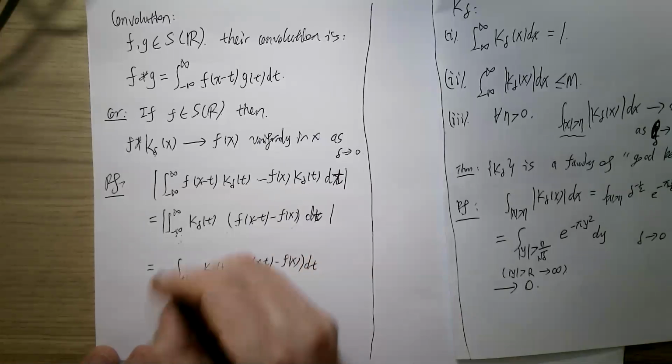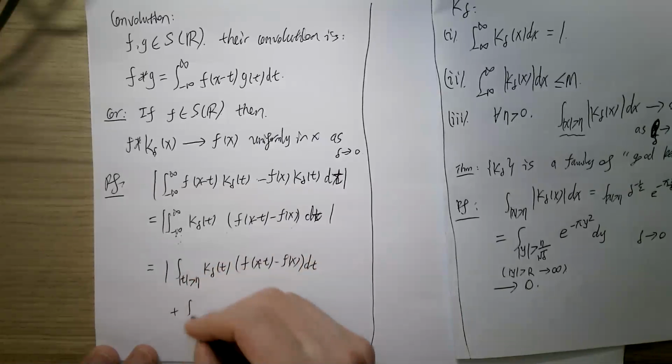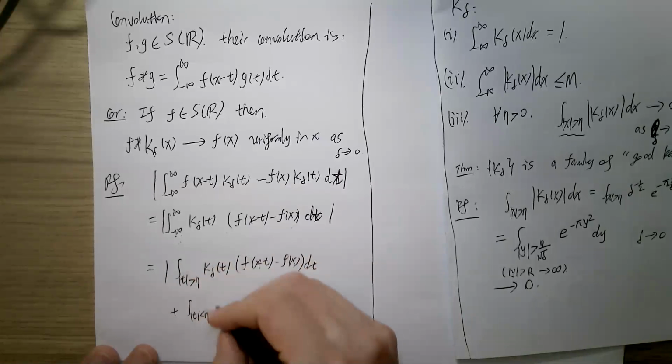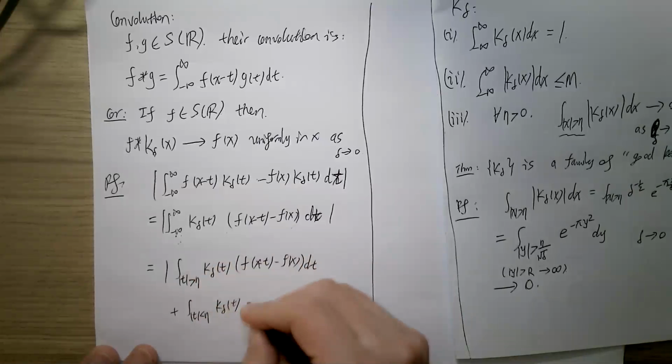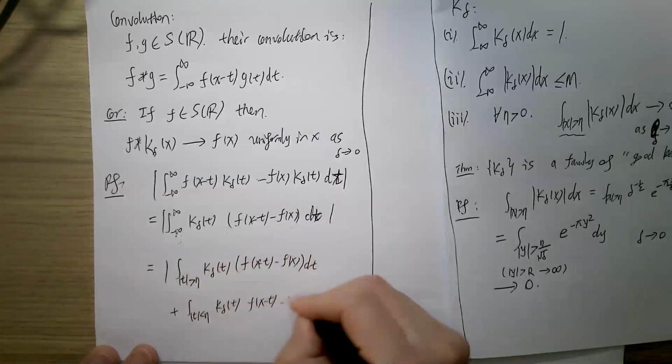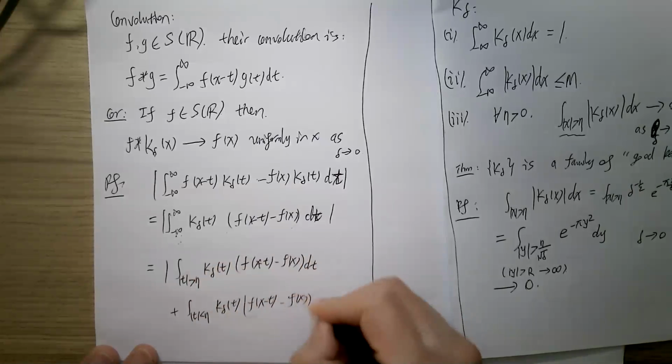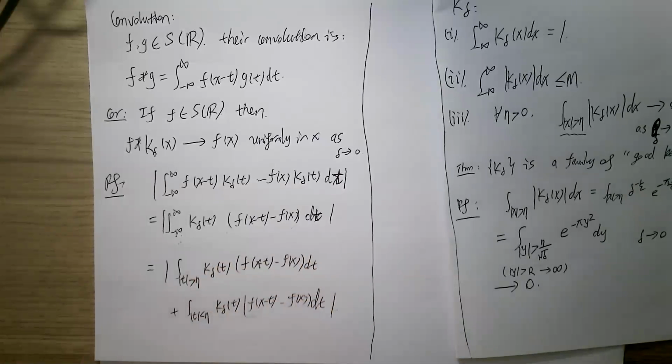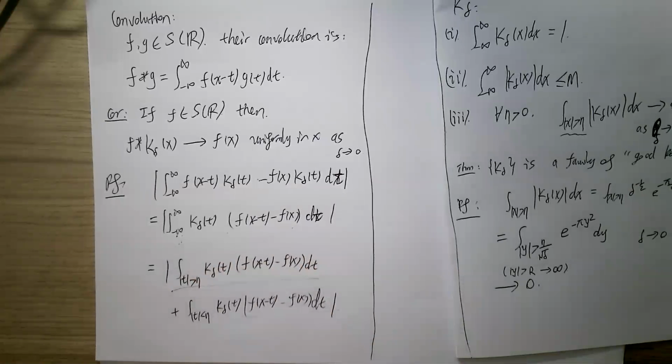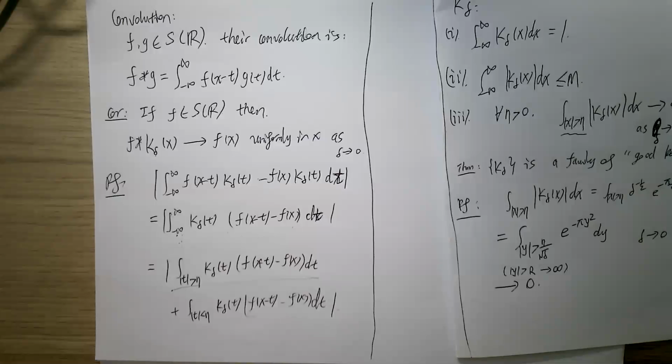And plus the part where t is less than eta: K delta(t) (f(x minus t) minus f(x)) dt.